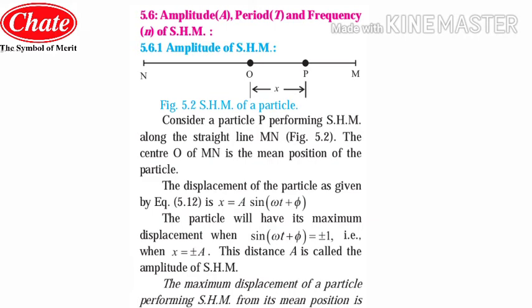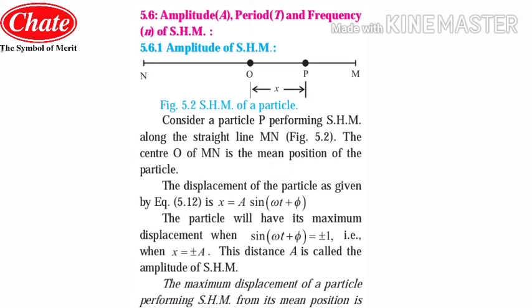After that, we are utilizing the displacement equation for the particle which performs this SHM. The displacement for that particle will be given as x is equal to a sine of omega t plus phi. Now they have told us the condition, the particle will have its maximum displacement, thus sine of omega t plus phi will be equal to plus minus 1, that is x will be plus minus a.